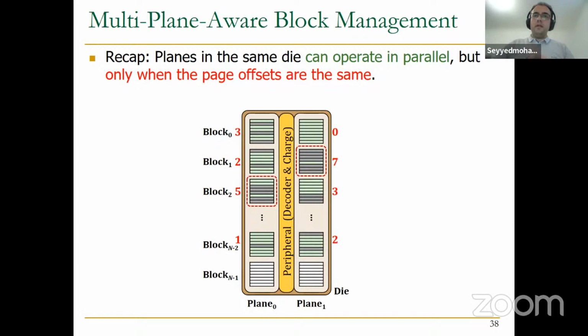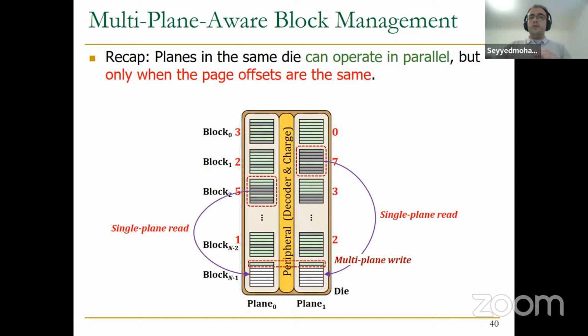If we want to do this greedy policy, we select block 2 in plane 0 as the victim, and block 1 in plane 1 as the victim. So we need to do a single plane read, and also another single plane read, and then we can do a multiplane write, right? In this block n-1 here.